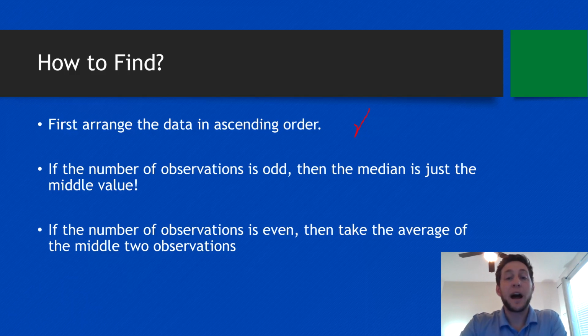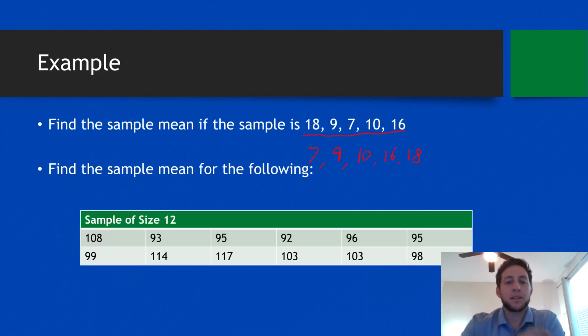Second step, if the number of observations is odd, then the median is just the middle value. What do I mean by this? Okay, let's go back to our ascending order sample. All you should do is cancel out the lowest and the highest value in pairs. So notice I'll cancel the 7 and the 18 in the same step.